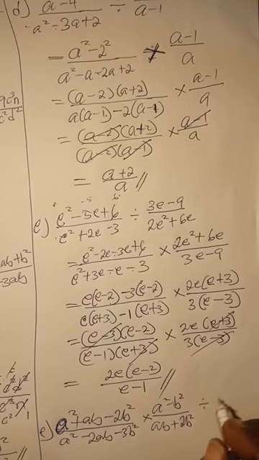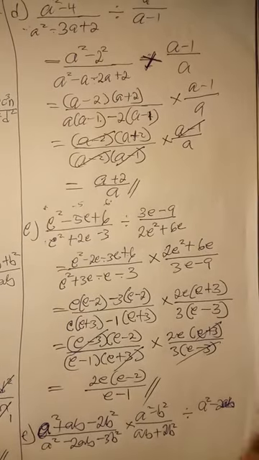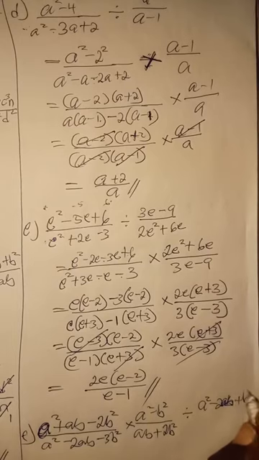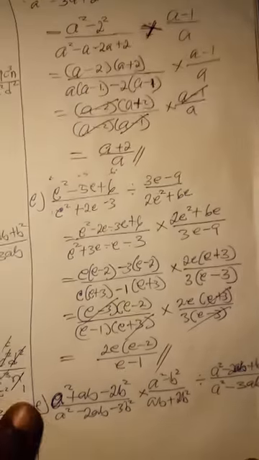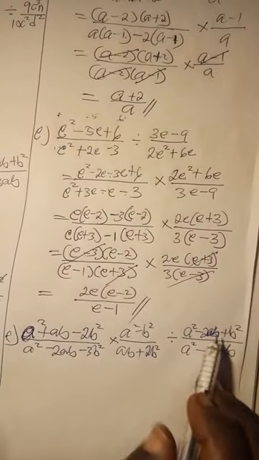Divide by a squared minus 2ab then plus b squared over a squared minus 3ab. Okay, that is it.